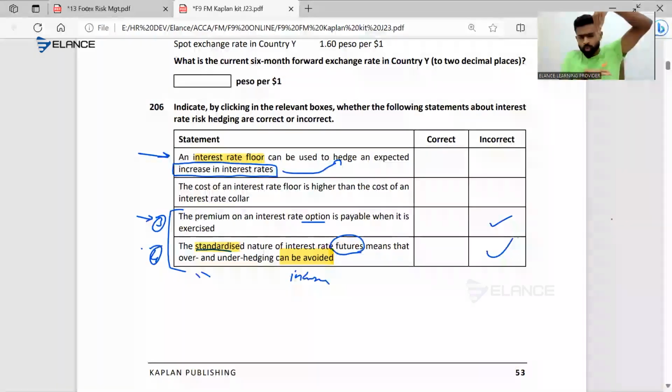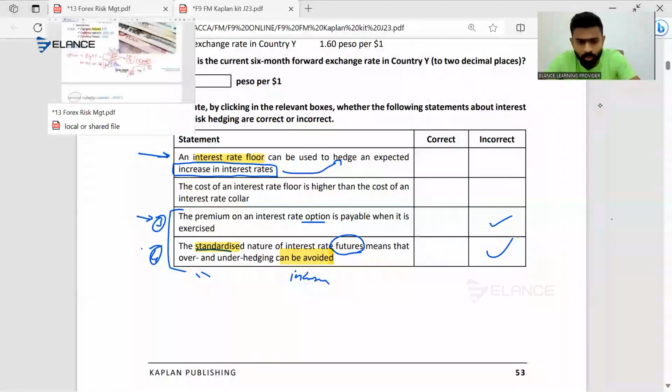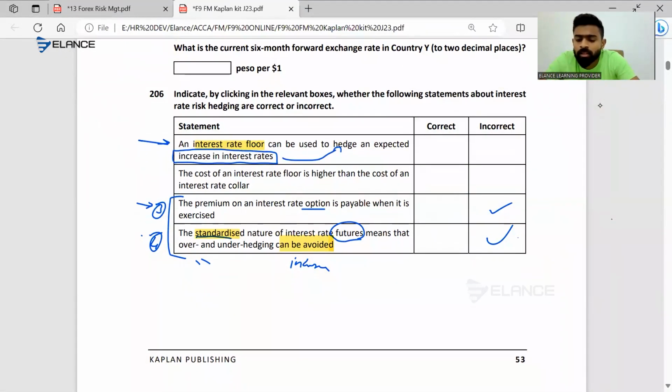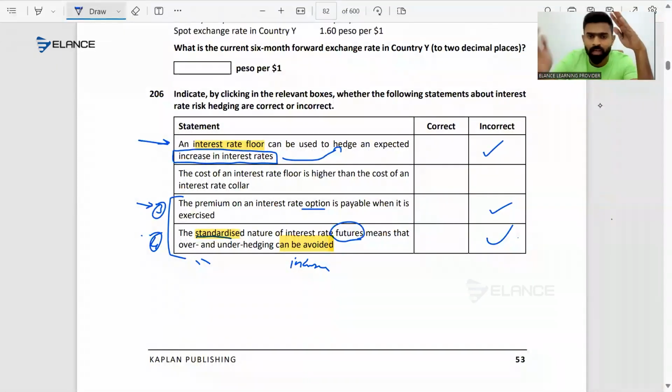A floor is used to hedge against a decrease in interest rate. So the statement is true or false? I mean, correct or incorrect? It's incorrect, right? Are you getting clarity? Could you please confirm? I want your response. Yes? Excellent. Now try this.